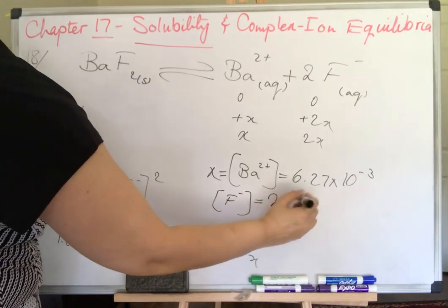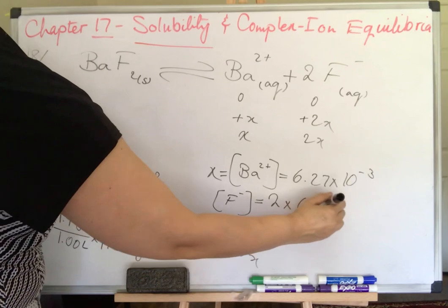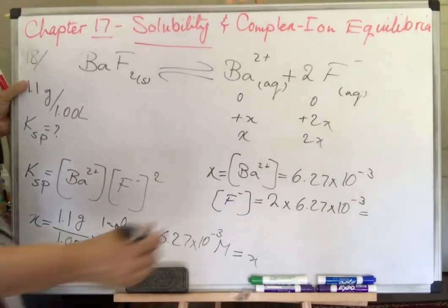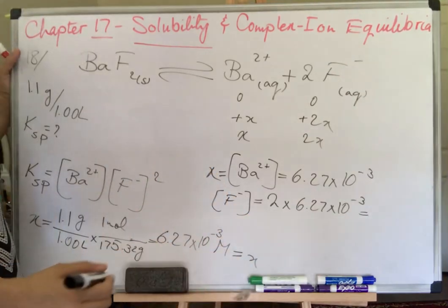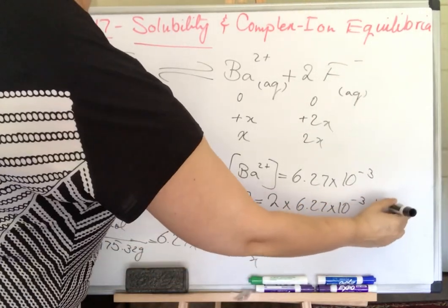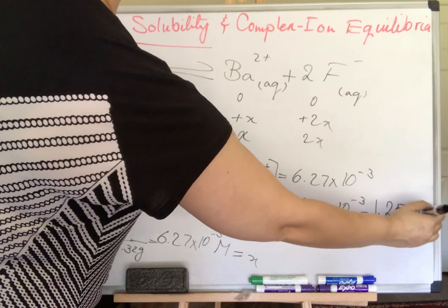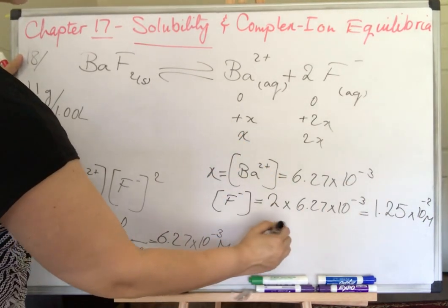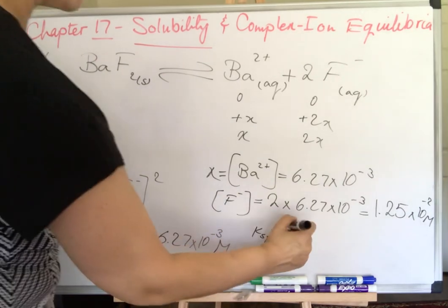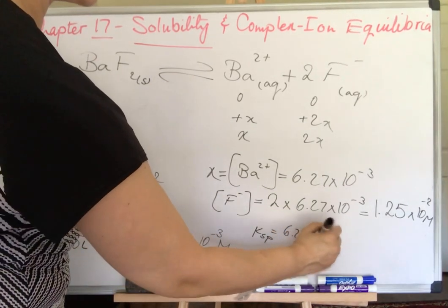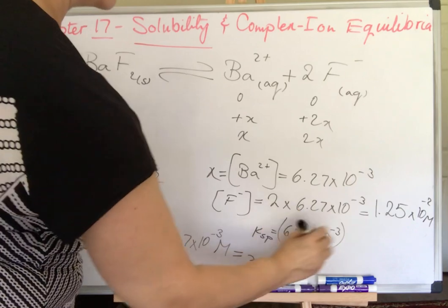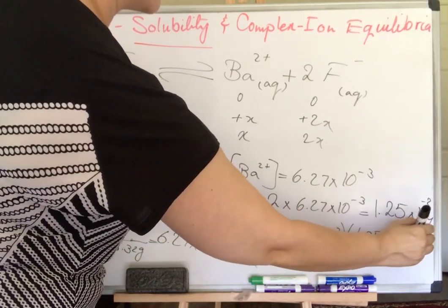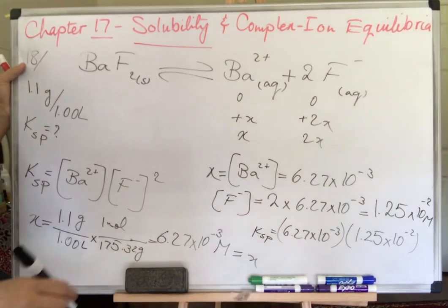2 times 6.27 times 10 to negative 3, which is going to be 1.25 times 10 to negative 2. Now you are ready to plug into the KSP equation. So KSP would be 6.27 times 10 to negative 3 times 1.25 times 10 to negative 2.